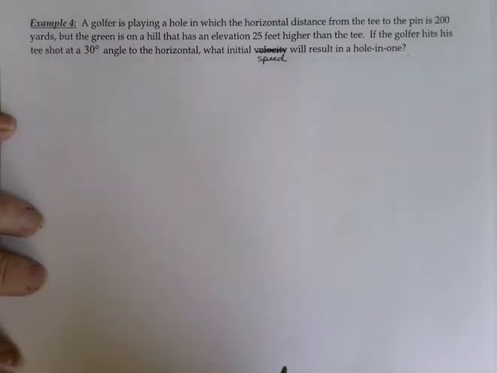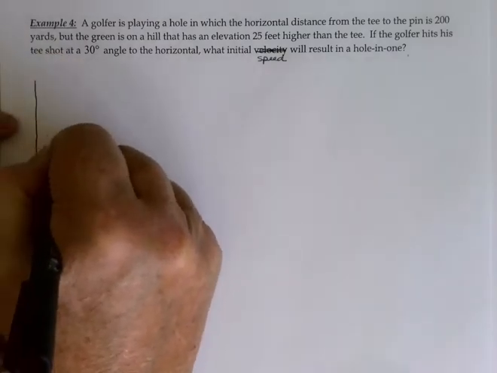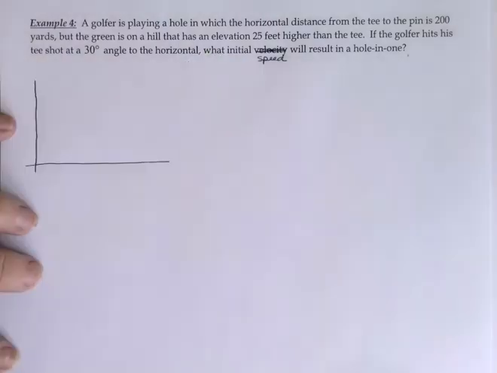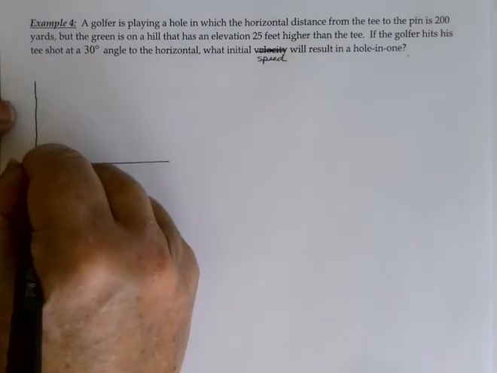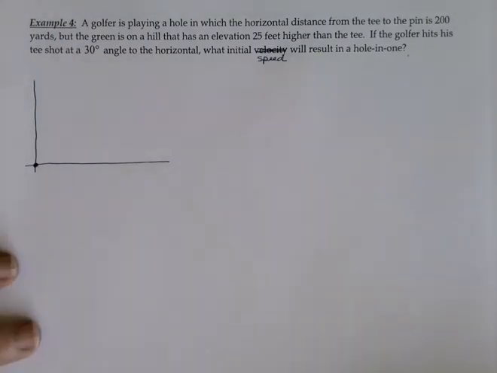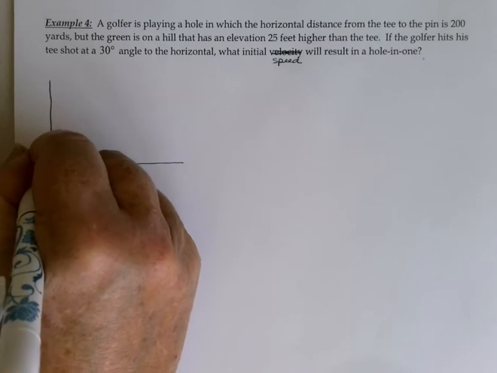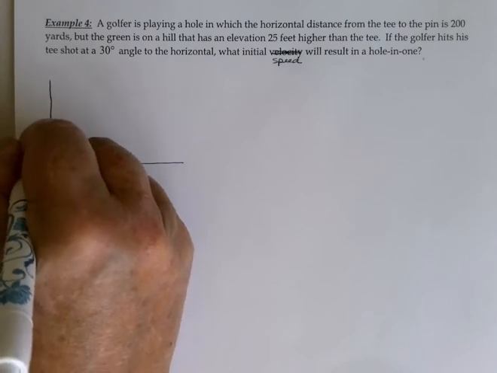All right, so let's see here. Since the golfer's teeing off, we'll assume he starts at ground level. The little height of the tee probably doesn't make enough difference to worry about it. So I'm going to call that 0, 0 for my x naught, y naught.